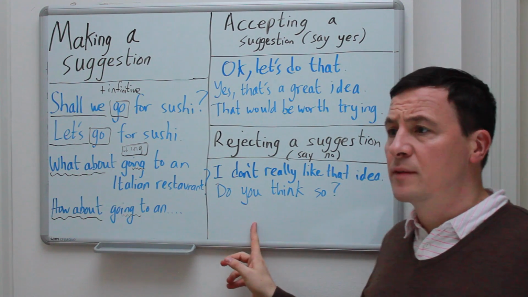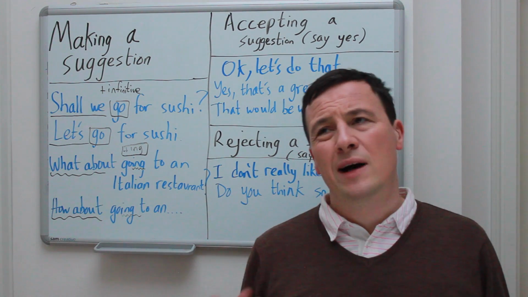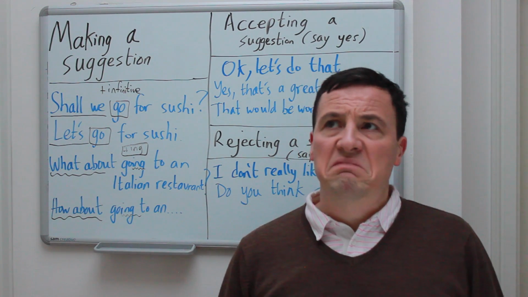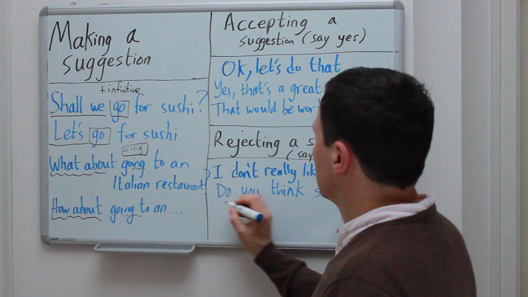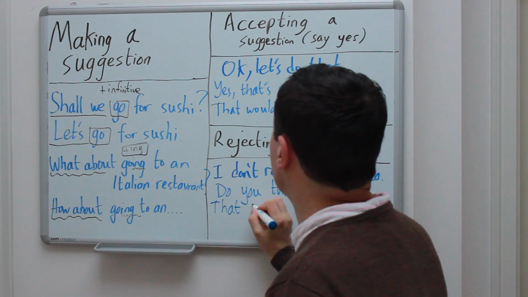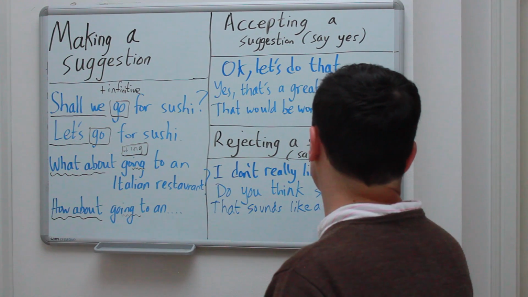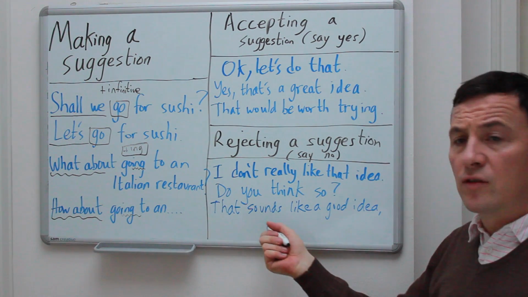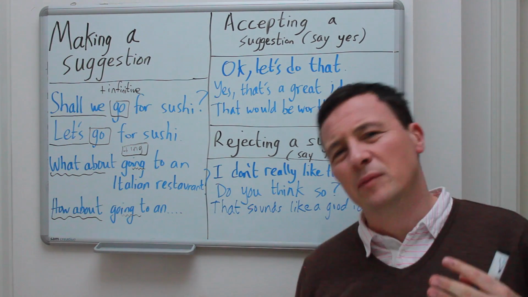And another possibility here would be, you could say, for example, well, that sounds like a good idea, but I don't think it works for me today. So there's different things you can say here. You can say that sounds like a good idea, but I'm not sure.